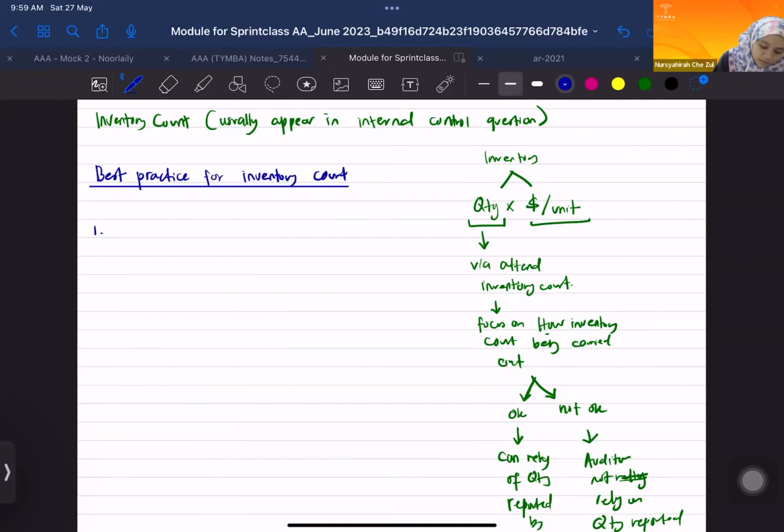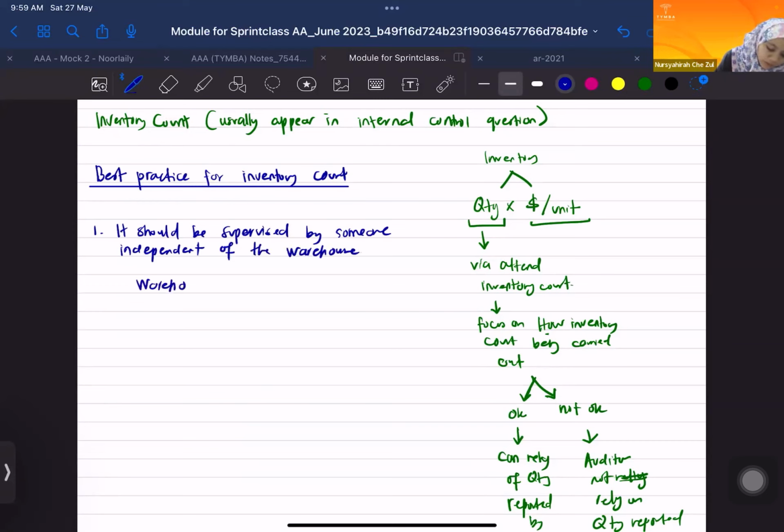Number one, it should be supervised by someone independent of the warehouse. If the warehouse manager supervises the inventory count, no. If it is, let's say, the finance manager or finance controller, yes, that can be done, because the finance manager is independent of the warehouse. Why do we need someone independent to supervise the inventory count?